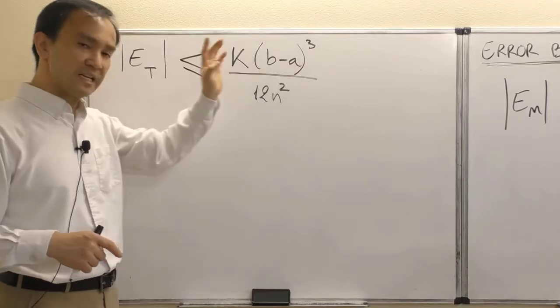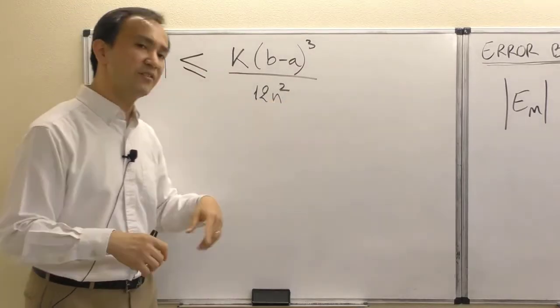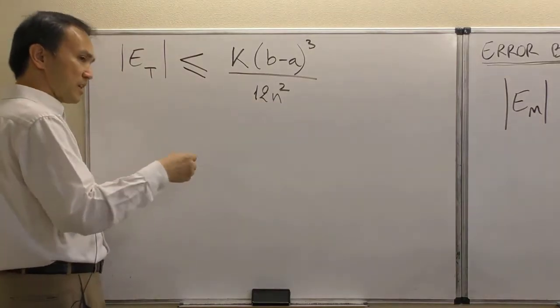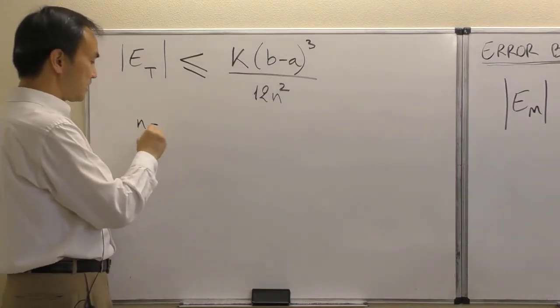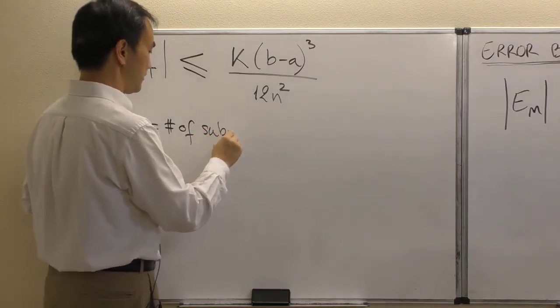So this K and the other K are the same K, and again, n here is the number of subintervals in between that interval that you're integrating over. Okay, so n is the number of subintervals, just like that.